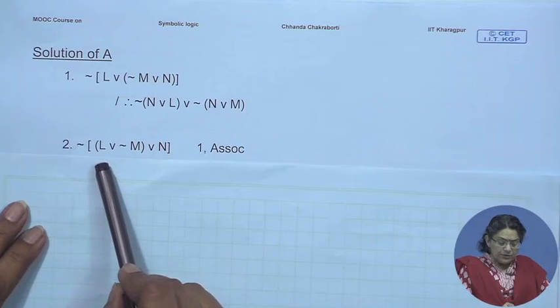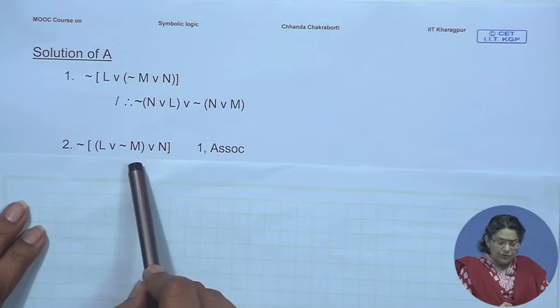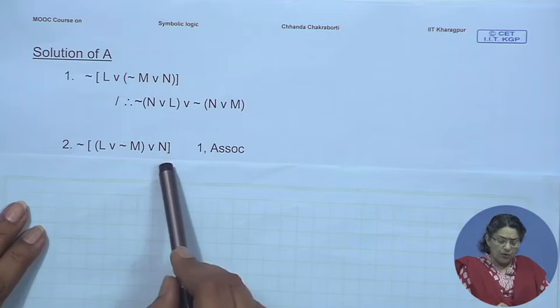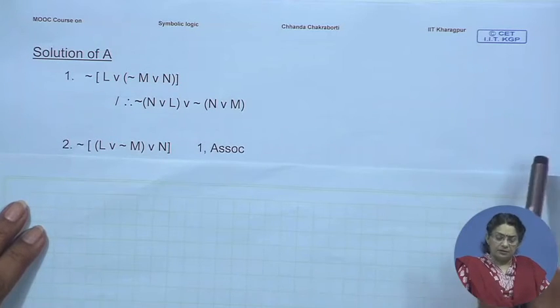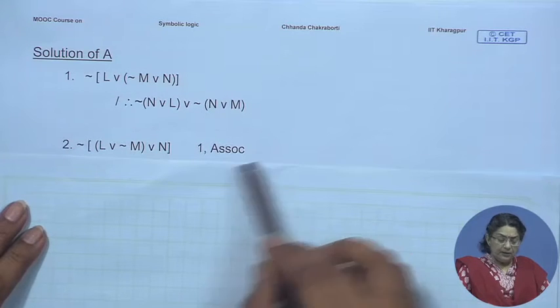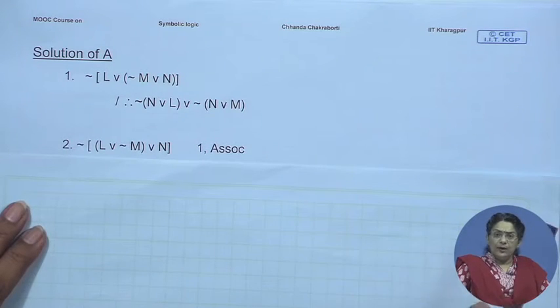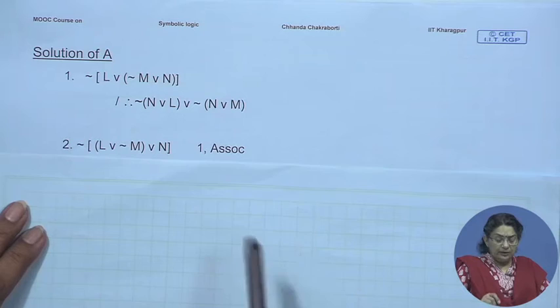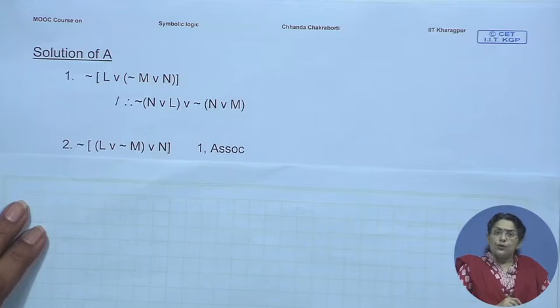What I did was to group them in this way. So, L wedge not M is one disjunct, or N is another disjunct. This is what association allows, the regrouping, provided you have all wedges or all dots. Remember that? Question is why? Why did I choose to use association?